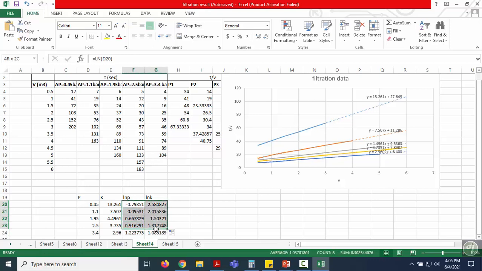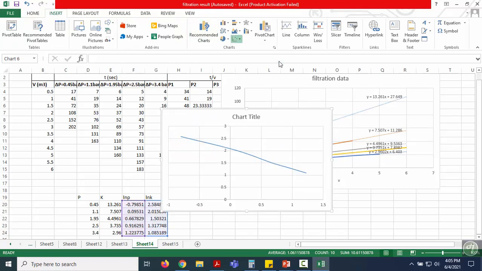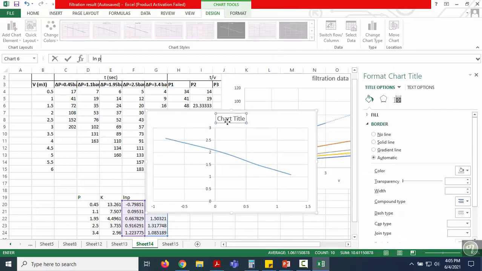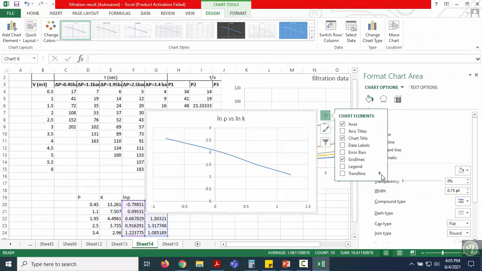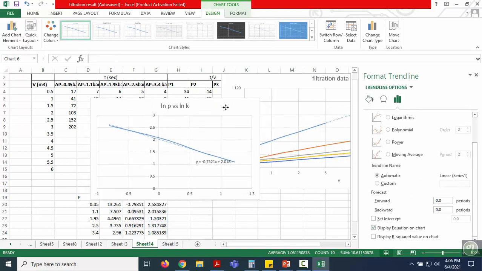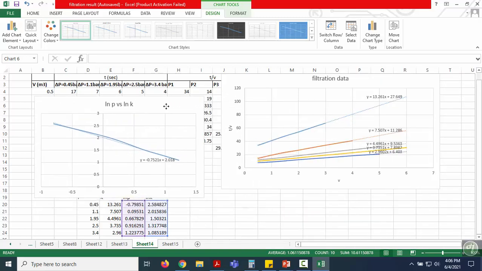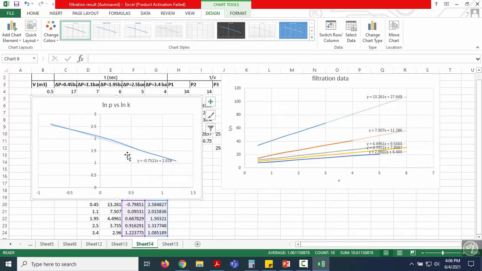If you draw the graph like this, you will find such a line. So you will find this equation. This is your slope. The slope will be used to find 1 minus s, or the compressibility coefficient, and the intercept, which is 2.18, will be used to determine alpha.